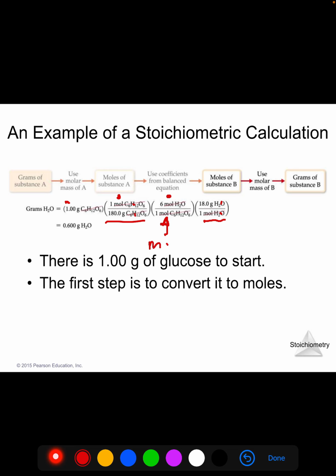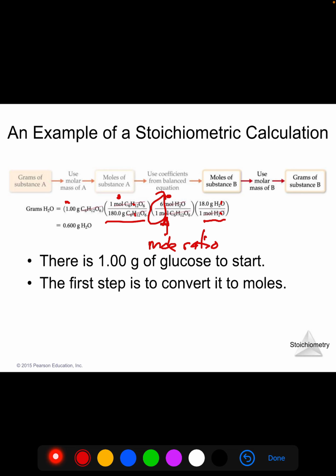So this is your mole ratio. And you must have what? A balanced equation to get these values from your coefficients. So that's why we started with balancing equations. That's why they're so important.